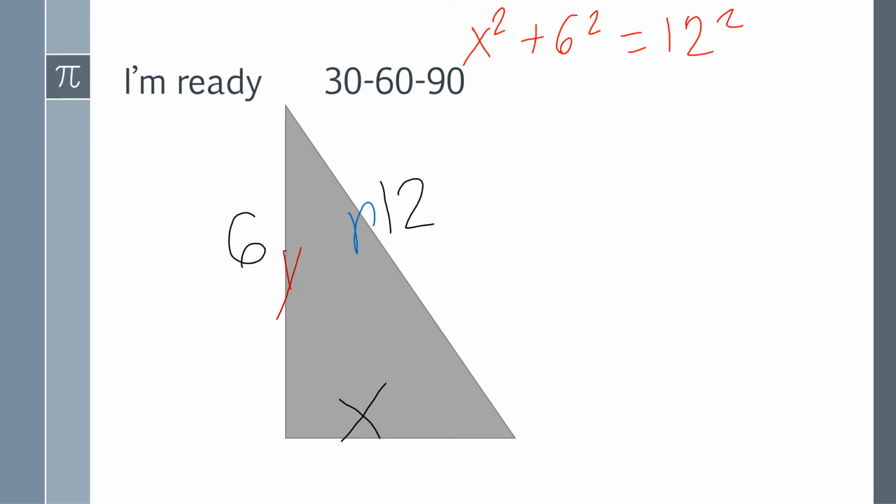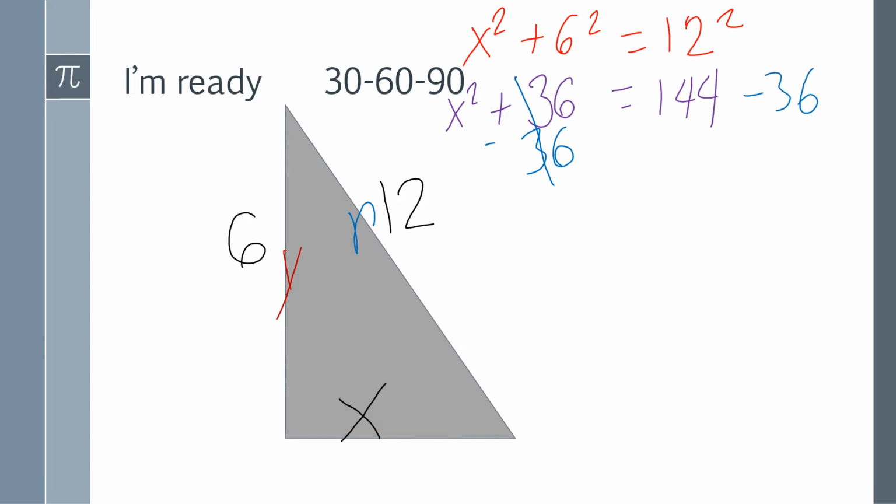All right, so let's do it. So we got 36. Well, x squared plus 36 equals 144. Now remember, you've got to get x by itself. So let's do it. Subtract 36 from both sides. 144 minus 36. What could that answer be? 108.